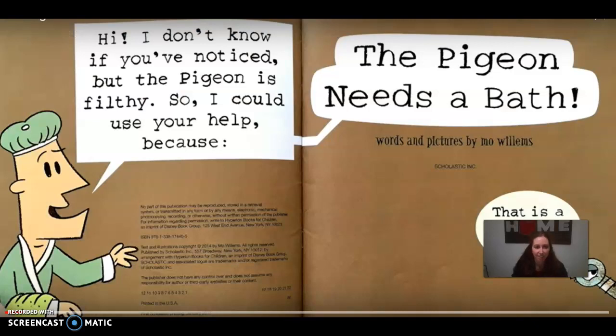All right, so this is our next practice page. If we look up at the top left, it says, hi, I don't know if you've noticed, but the pigeon is filthy. So I could use your help because the pigeon needs a bath. So if we're looking at that top left box, how many pronouns, subject or object, can you notice?